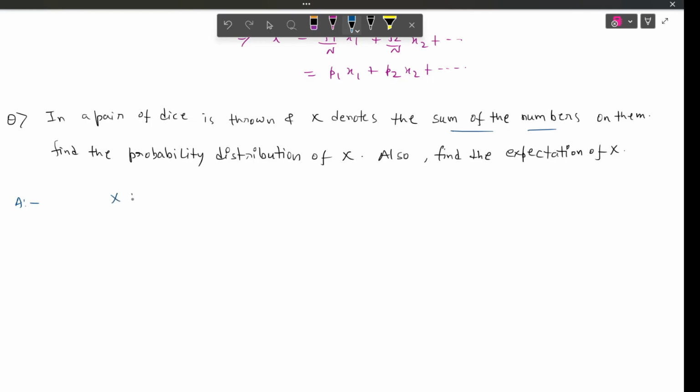So x can assume 2, 3, 4, 5, 6, 7, 8, 9, 10, 11, 12. And what would be the probability? So sum 2 is 1 upon 36. Total number of outcomes is 36.